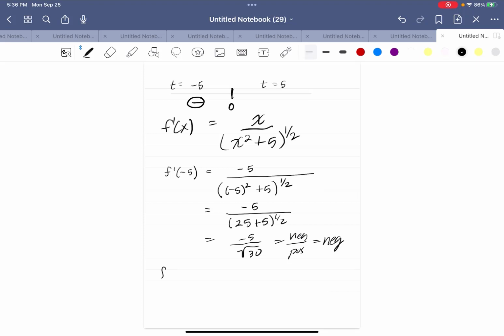Now I'm going to check f prime of 5, and I'm going to get a positive 5 in my numerator this time, divided by (5 squared plus 5) to the 1/2, which is 5 over the square root of 30. So we have a positive over a positive this time, so that's going to be a positive. So this region is a positive.